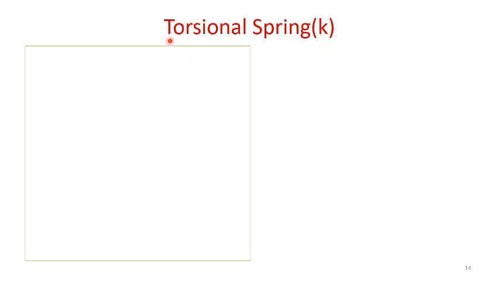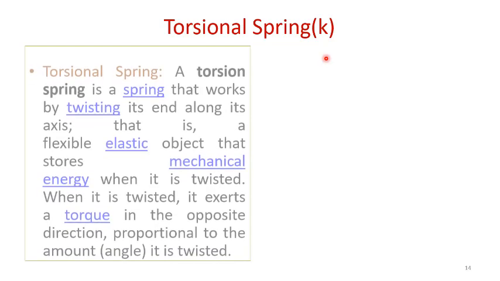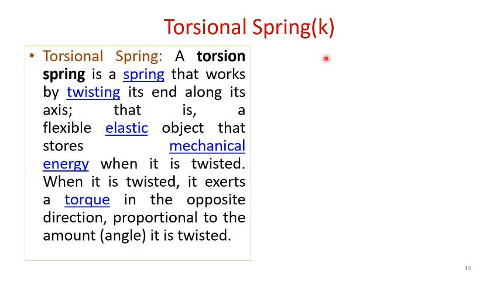The next important element which we are going to discuss is the torsional spring, which is represented by the letter K. A torsional spring is a spring that works by twisting its end along its axis. It is a flexible elastic object that stores mechanical energy when it is twisted.